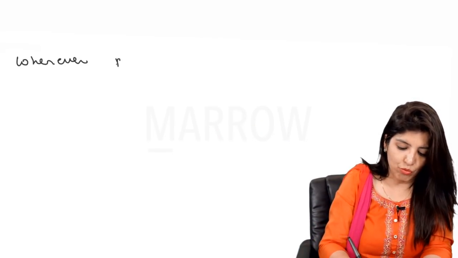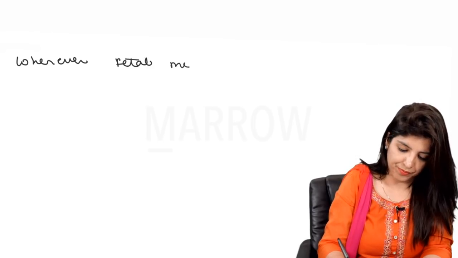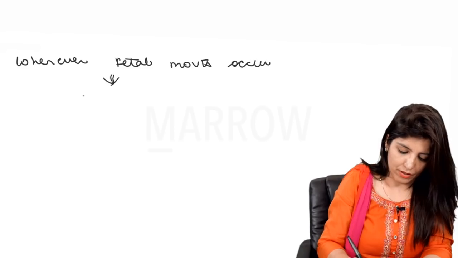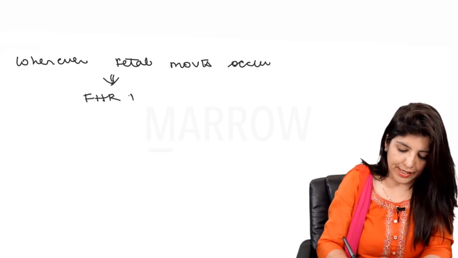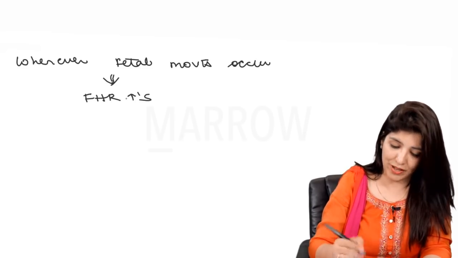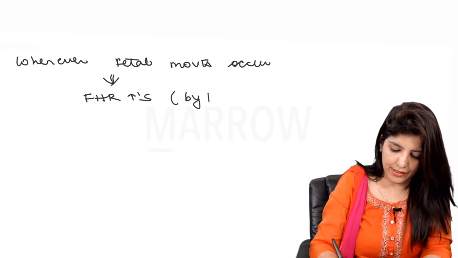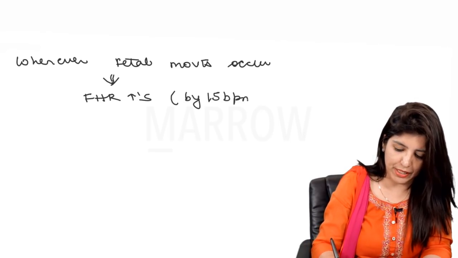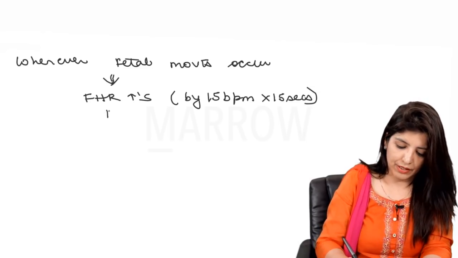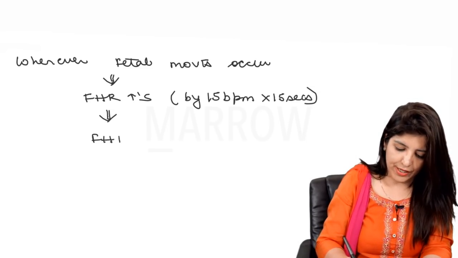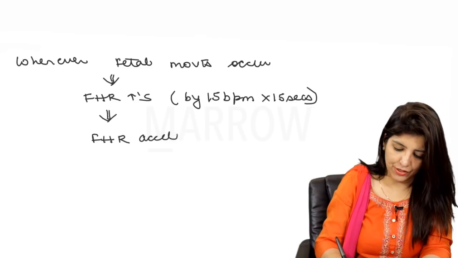Whenever fetal movements occur, fetal heart rate increases, right? And how much does it increase? It increases by 15 beats per minute for 15 seconds. This is called fetal heart rate acceleration.